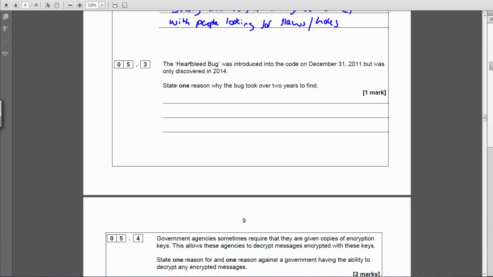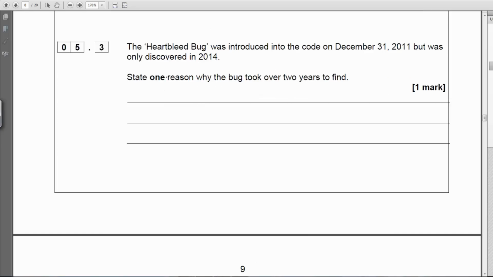The first one I thought of is that this is probably one line of code within hundreds of thousands potentially. It seems a little bit weak, but the code is very long and complicated, and so it probably wasn't obvious.